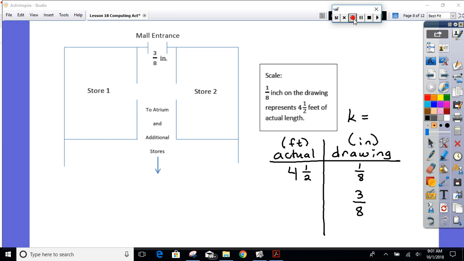So when I find my scale factor in part B, I'm going to have to convert first, but I'm just going to find the constant of proportionality, or the scale ratio, for this table. Haley, how would I find the scale ratio, or the constant? What do I do?